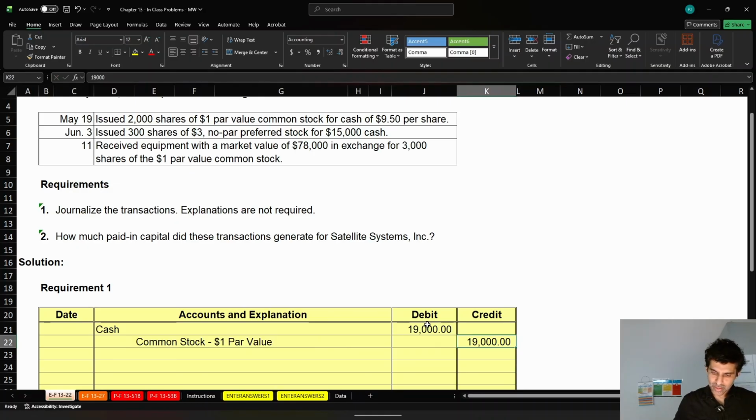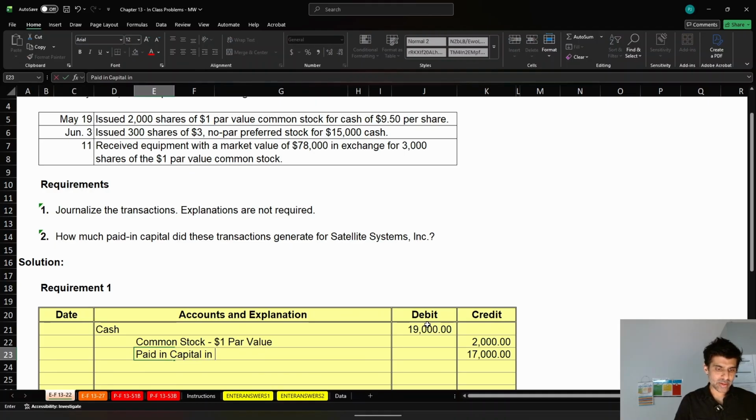And this is going to be the number of shares, 2,000, times the par value, which is $1. And then all the remaining capital that was contributed is going to be in this paid in capital in excess of par for common.